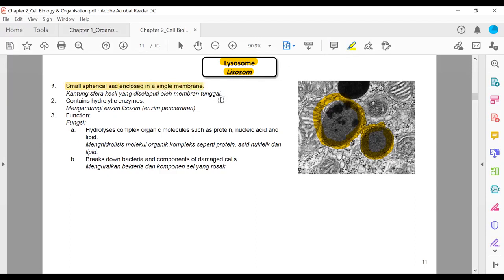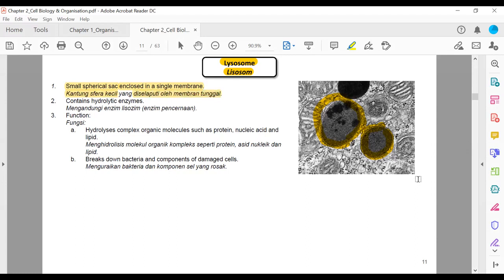Small spherical sac. Sac ni maknanya kantung. It's like a bag. Bag sekolah. Right? So small spherical sac. Kantung sfera yang kecil. Dia kecil dan berbentuk sfera. Yang diselaputi oleh membran tunggal. Membran dia tunggal saja.